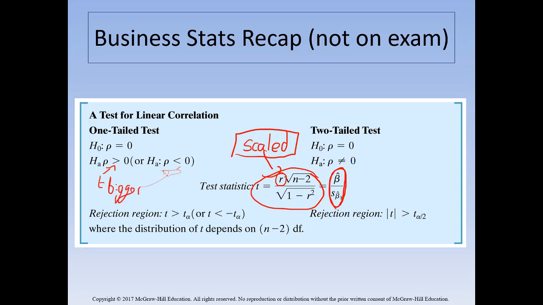And as we get below 0, my T becomes smaller. So again, this is a very standard T-test. And we can look in one direction with a one-tailed test, or we could look in both directions with a two-tailed test. So let's just do a one-tailed test.